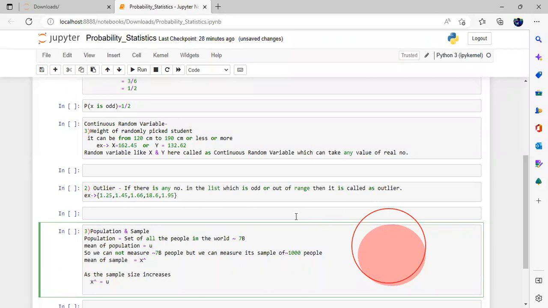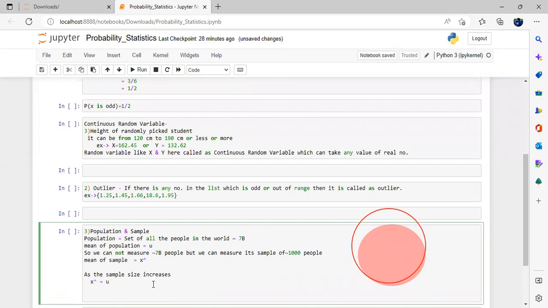And the most important thing is our sample is a subset of population, and population is nothing but your universal set.